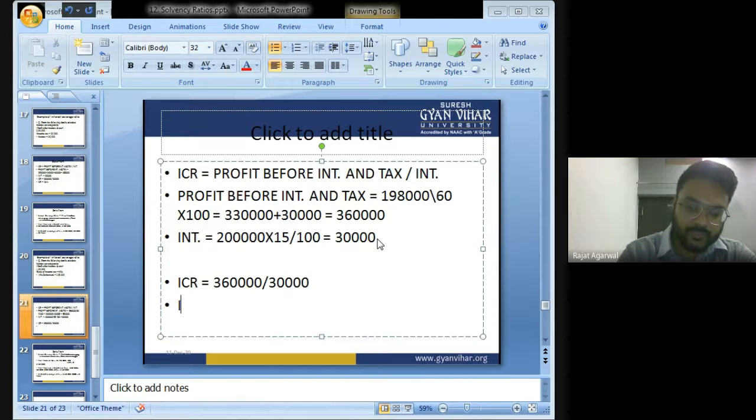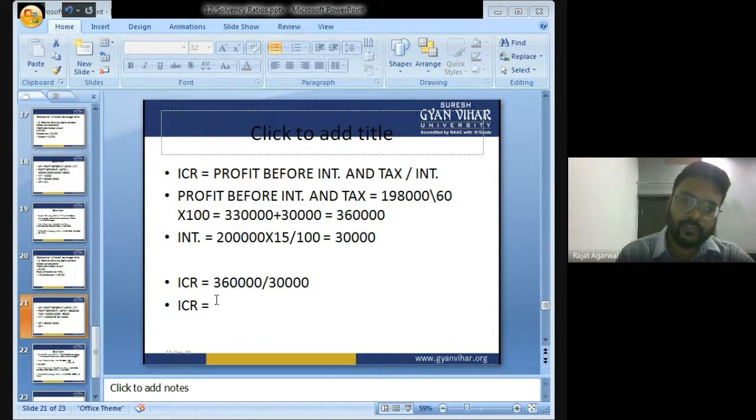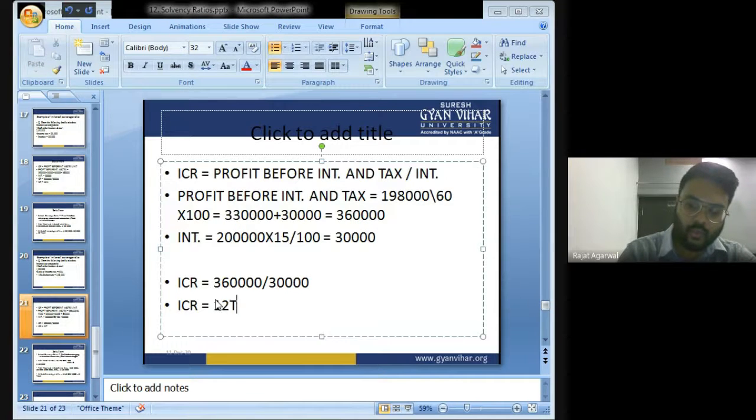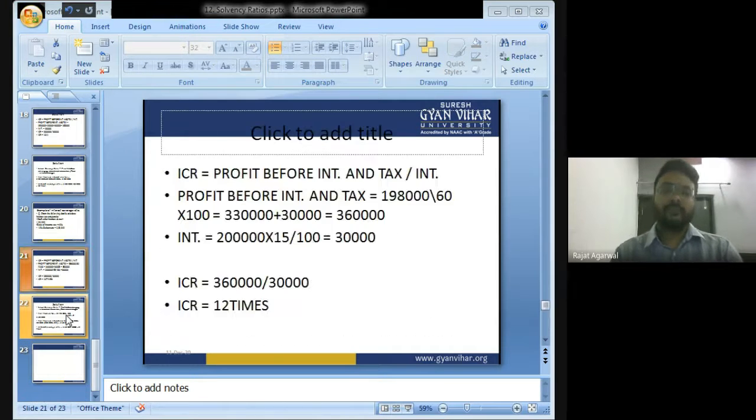So interest coverage ratio will be 12 times. Bachcho, please everyone tell me, I hope you all know now how to calculate interest coverage ratio.